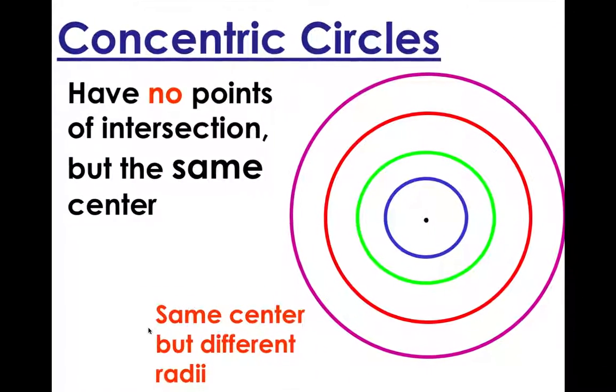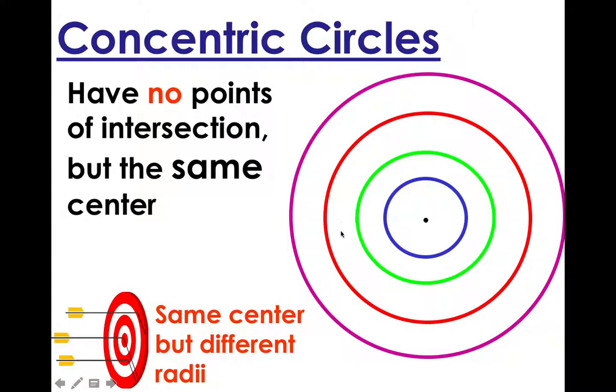But then we can also say concentric circles. Concentric circles have the same center, but the circles do not touch. Why? Because they have different radii, different diameters. Even though they have the same center, they have different widths, so they will never touch.